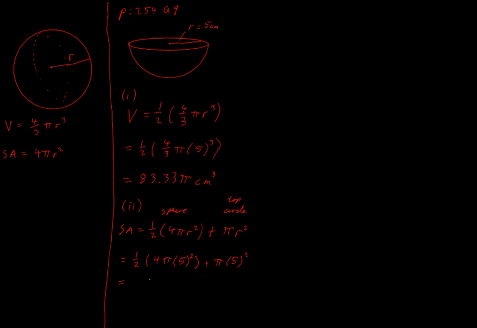When I put that into my calculator, I get 75 pi. And I'm dealing with a surface area, so area is going to be centimeters squared, my unit squared for an area. So those two formulas there are all we need at the moment.